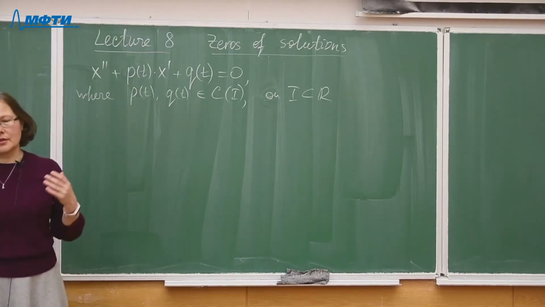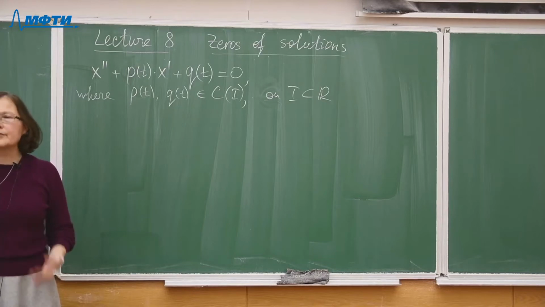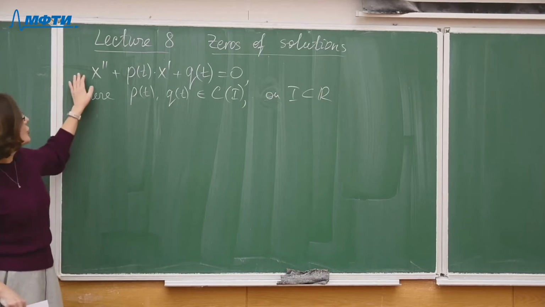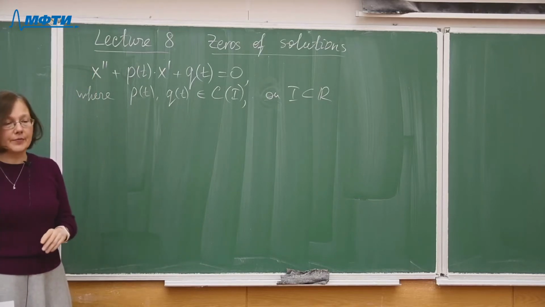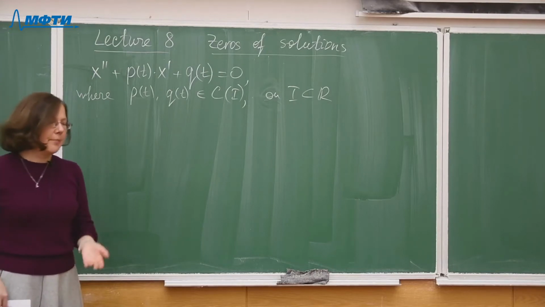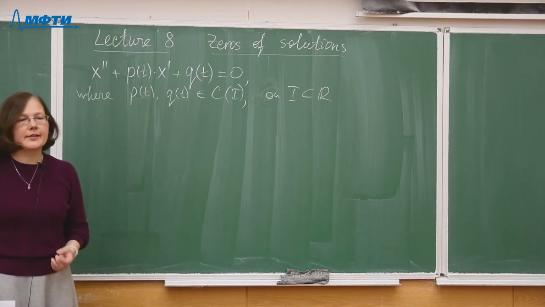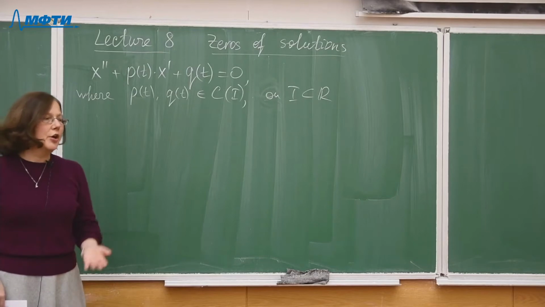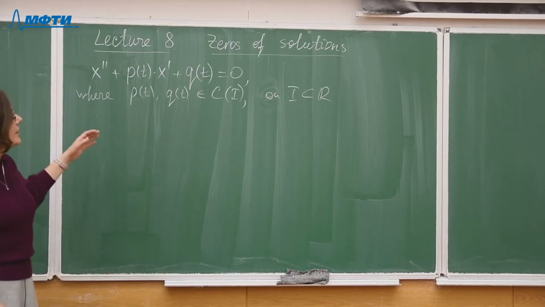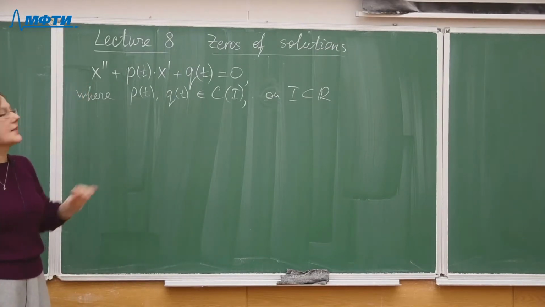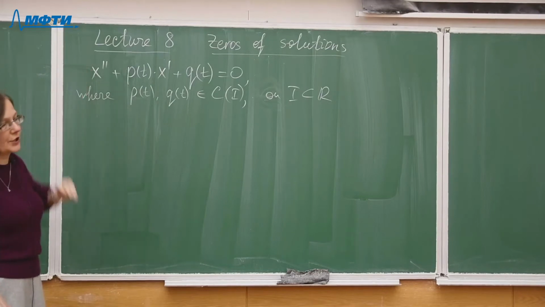Very often, most of the time, it is impossible to solve this differential equation. But we want to make a qualitative analysis of these solutions, and today we will be interested in the zeros of solutions of this equation.